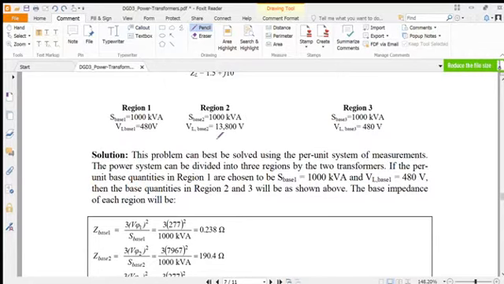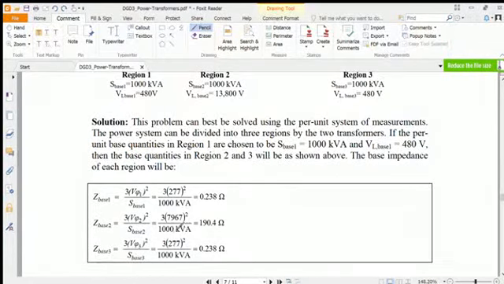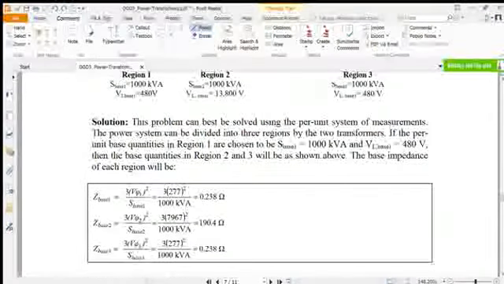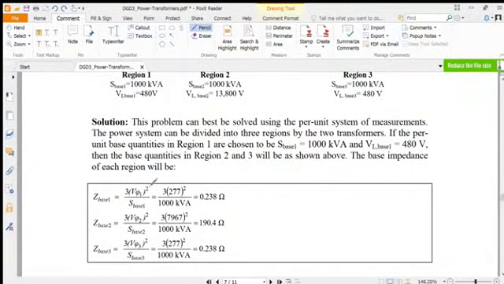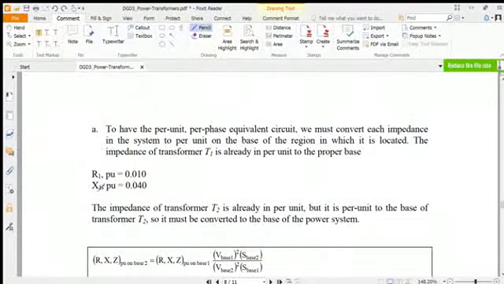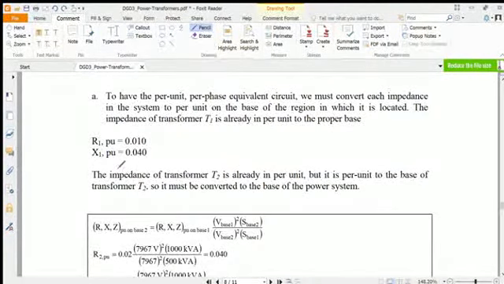So just divide by root 3 and you get the phase voltage, 7967. If we divide 13,800 by root 3, we get this value. Then for the third region, 480 divided by root 3 similarly gives this base value. So we have the base values in all three regions. Now we have to find the per unit values here. The per unit value for transformer 1 is already given in the question, because we already chose the reference.